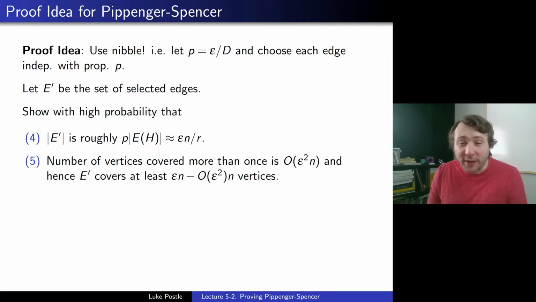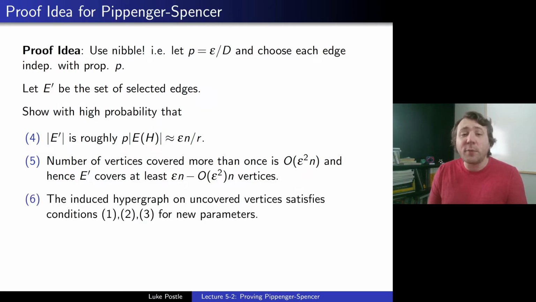So this is actually quite good. We're only, again, nibbling. We're only doing a little bit of this cover at a time, but we're going to do a step where it covers a small fraction, but without too much overlap. And then we'll show that the remaining induced hypergraph on uncovered vertices satisfies the conditions from before for new parameters.